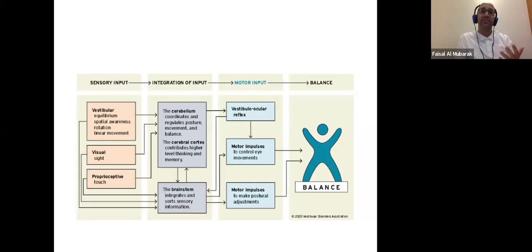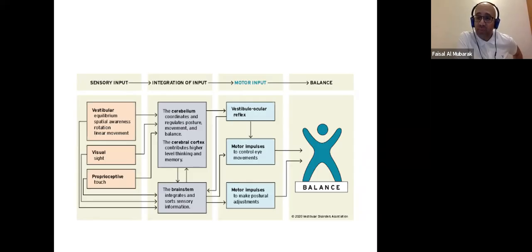The vestibular system has the ability to also tell the brain that Faisal started the motion and stopped the motion. Okay, so all these three information are going to the brain, and all of this information, as we said, has to be matched. Right?